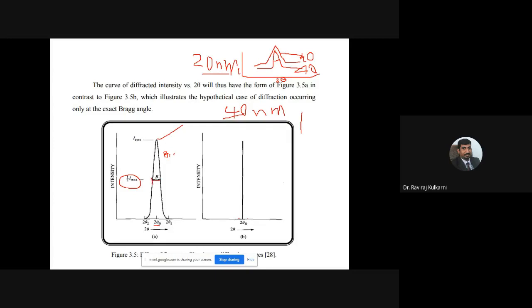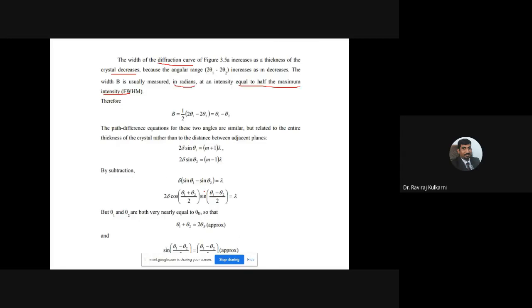Full width from here to here at half maximum, half of the intensity. This is 100, arbitrary units, so if I measure at 50 arbitrary units, it is half of the maximum. Whatever the full width is, that is called B. So B is equal to half of 2 theta 1 minus 2 theta 2. So I can say theta 1 minus theta 2.